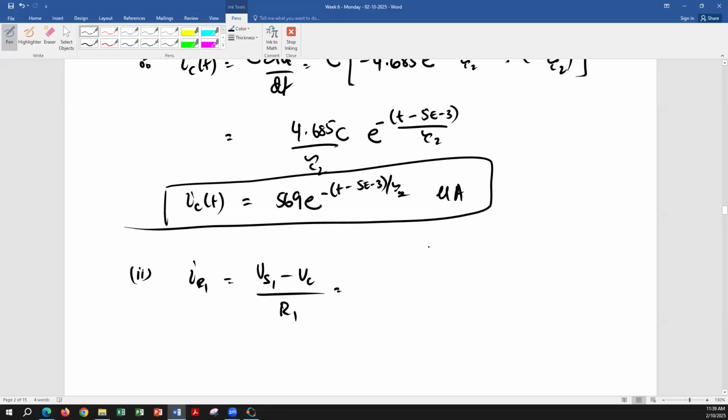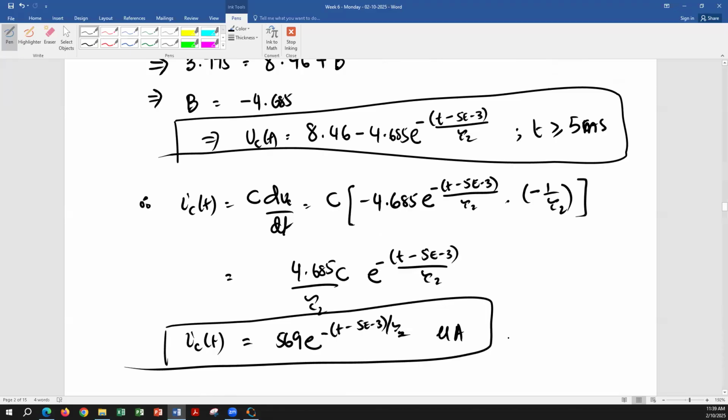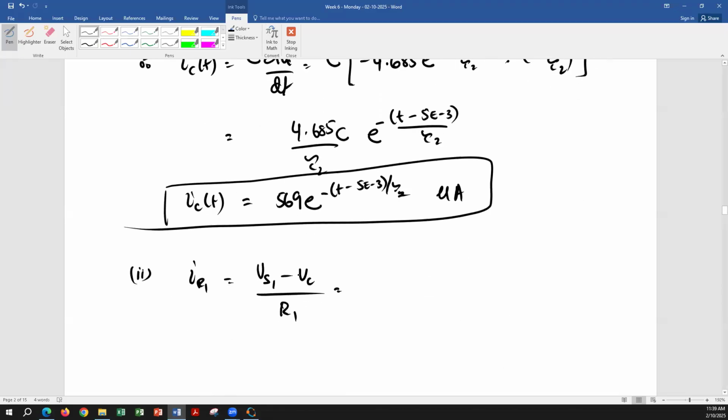Now the VC expression we already determined, which is this. You're going to plug that equation over here and then solve it, and then this is going to be your expression for IR1. Since we're out of time, I'm not going to write it down, but just plug in the expression for VC.